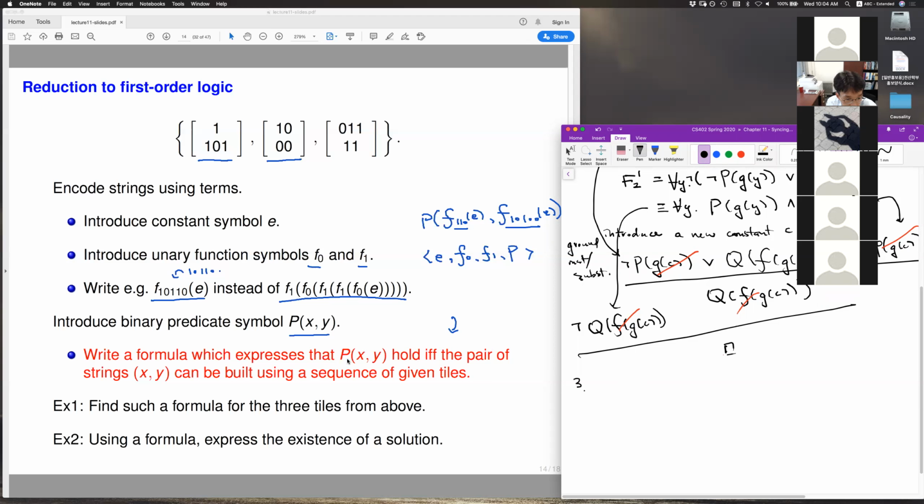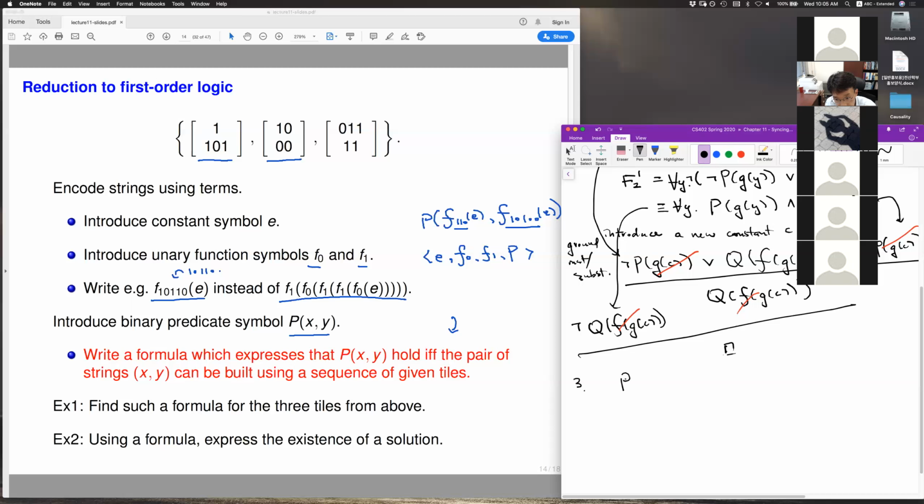If X and Y can be generated by a sequence of given tiles, then if we check the property inductively, there is a base case where we are using only one tile. There is an inductive case where we have X and Y related by P, and we extend this related pair with one extra tile. So that's how we do this.